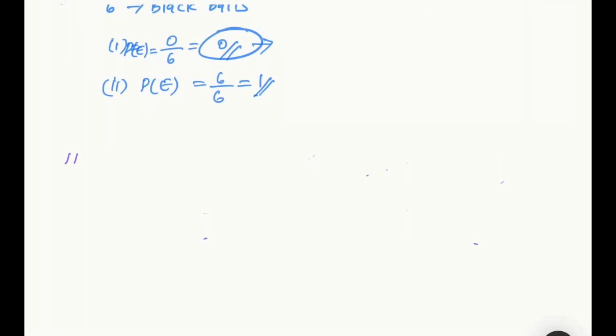So let me do the 14th question. A single letter is selected at random from the word probability. Find the probability that it's a vowel. So how many letters are there in probability? P, R, O, B, A, B, I, L, I, T, Y. So 1, 2, 3, 4, 5, 6, 7, 8, 9, 10, 11.